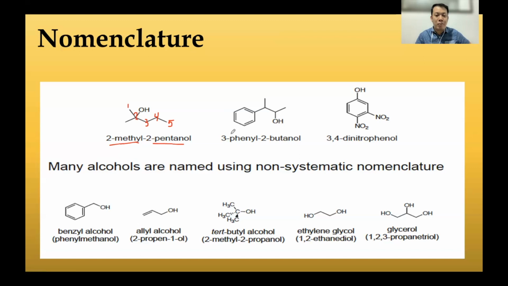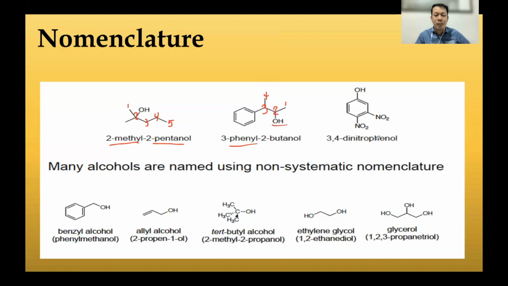And of course, you have to prioritize alcohol over benzene. The alcohol is closer to the one on the right, so this is 1, 2, 3, and 4. So that's why it is 3-phenyl-2-butanol, right?